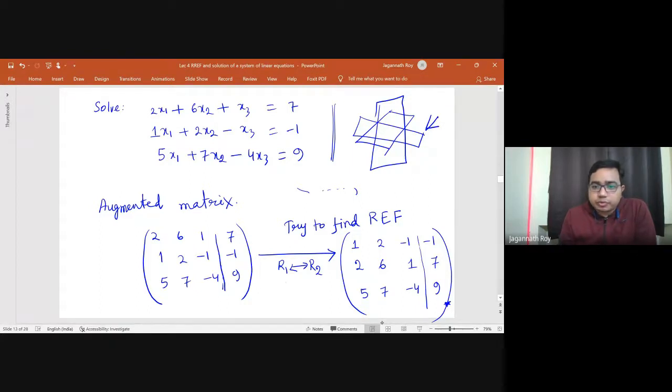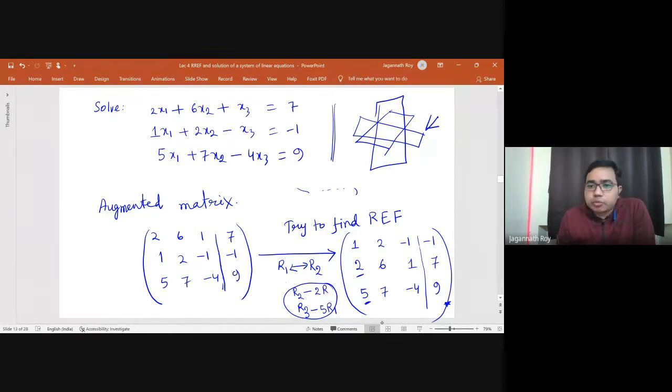We can do R2 minus 2 times R1, and R3 minus 5 times R1. If you do these two operations, then you will get 0 here and 0 also here.